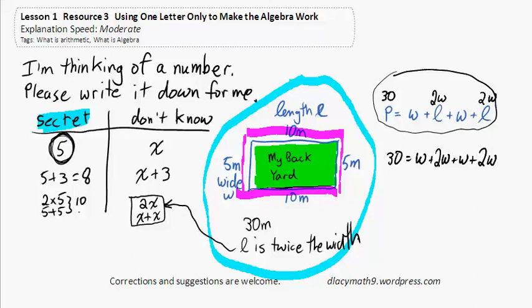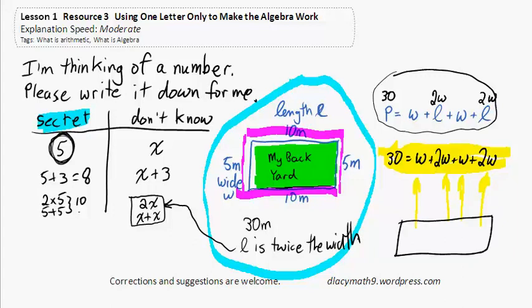If I can write an equation, which this is because it has an equal sign, and have only one letter in it, then the algebra that you will learn in this video series will allow you to find out, for example, how big W was, even if you didn't know not only this number, but this number either.